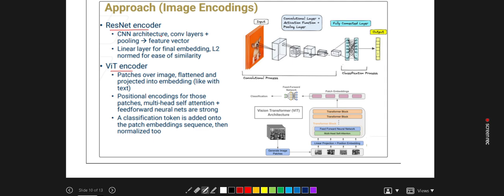A little introduction, the background of what basically ResNet is. Okay. So basically ResNet is a CNN, which you have learned in deep learning. In a CNN, we give an image, and there are feature maps made based on that image.